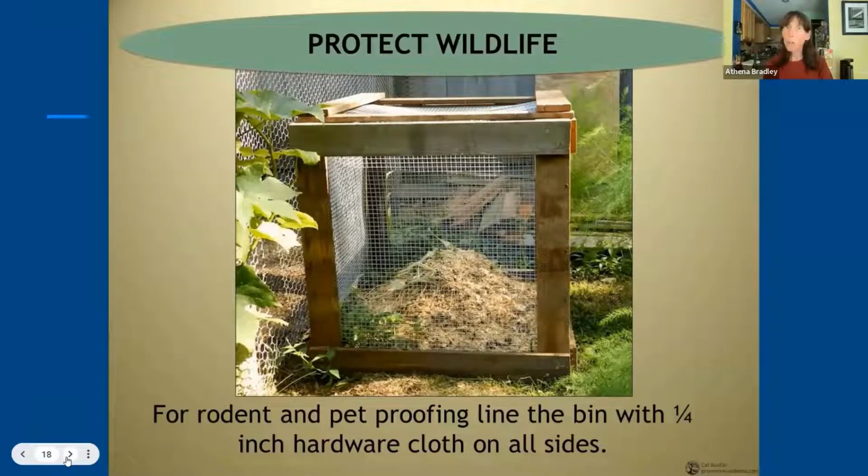Obviously, that's not practical for windrows and big piles. And again, as you see for this bin here, and you can do this with all wood bins as well, put hard wire cloth around that. And we have bin design specifications that we can show you on those.